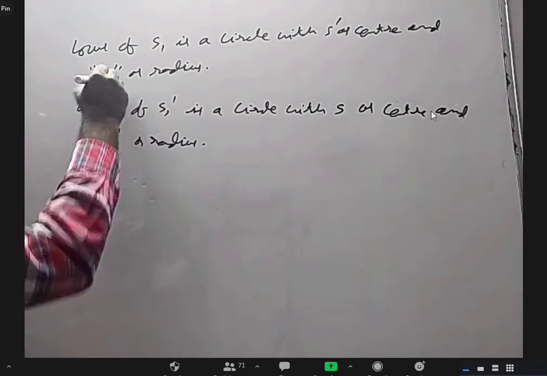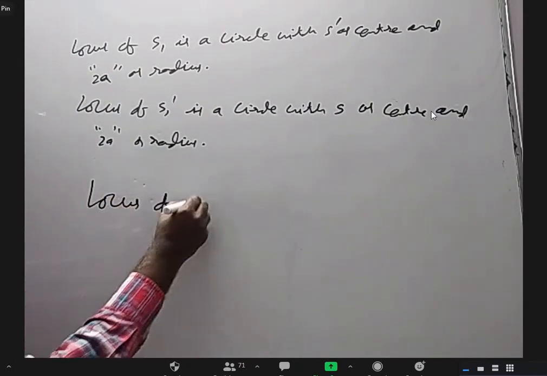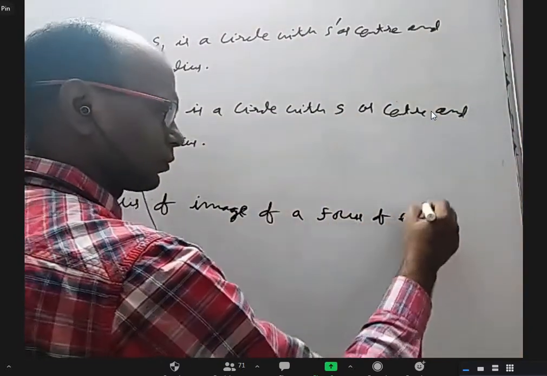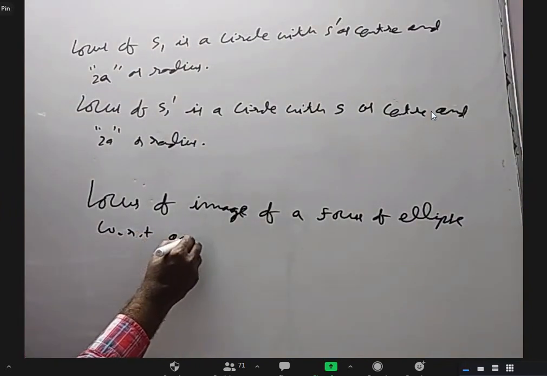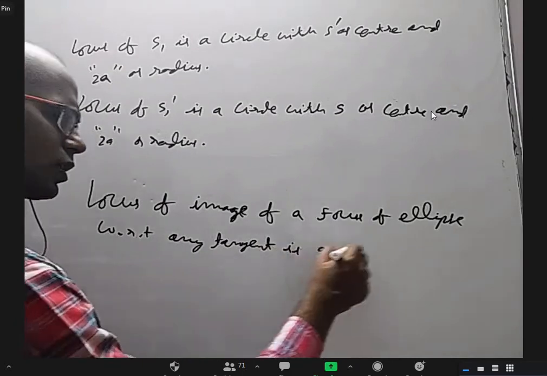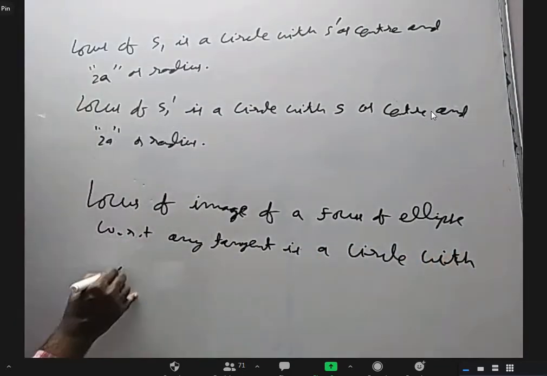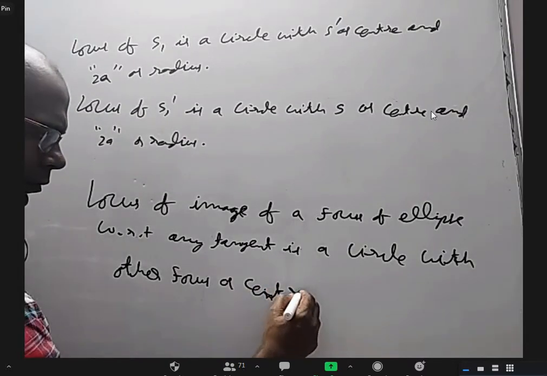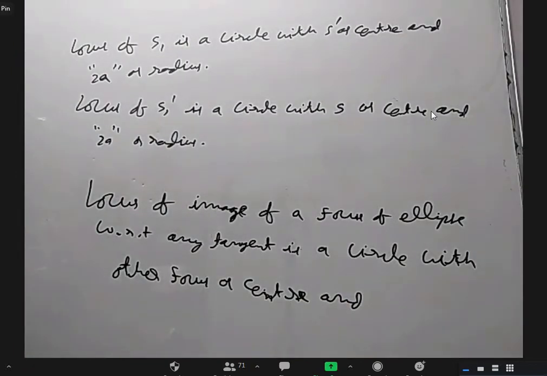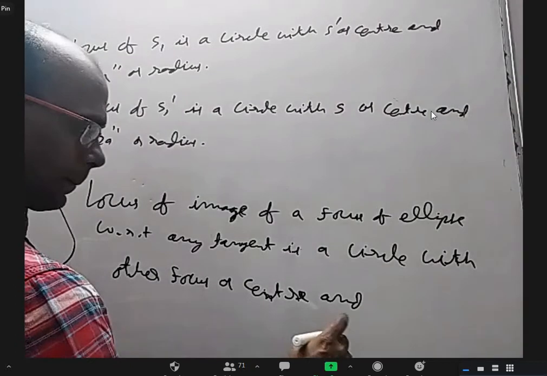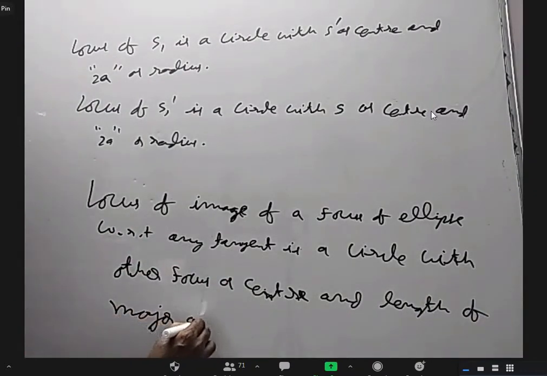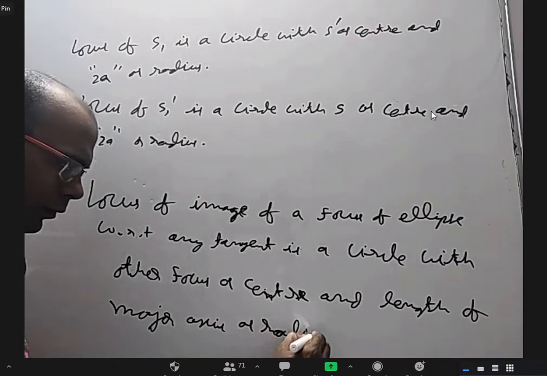Okay, so both combined, in general for any ellipse, I can say this. Locus of the image of a focus of an ellipse with respect to any tangent is a circle with the other focus as center and length of major axis as radius.